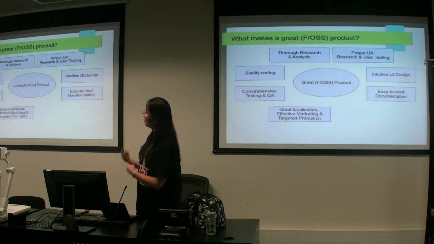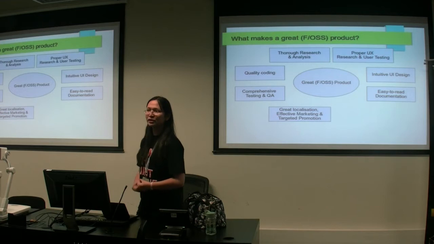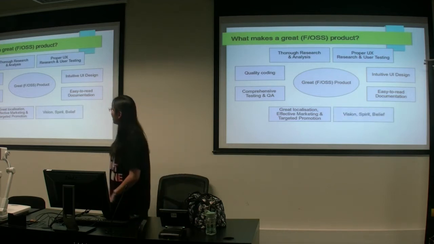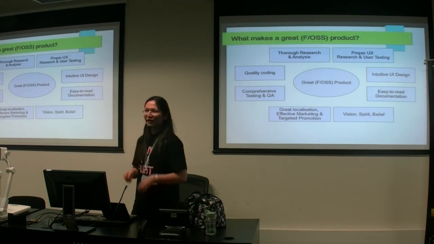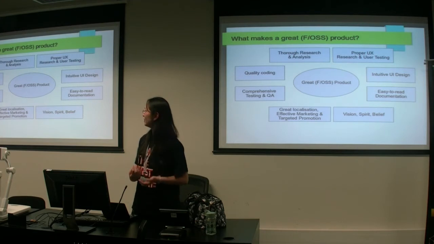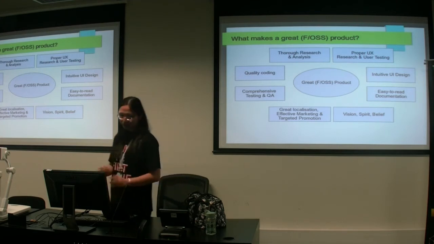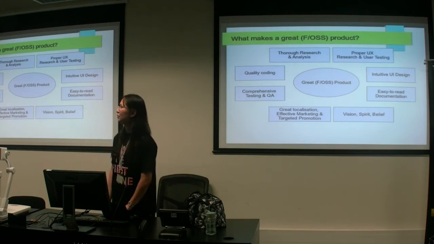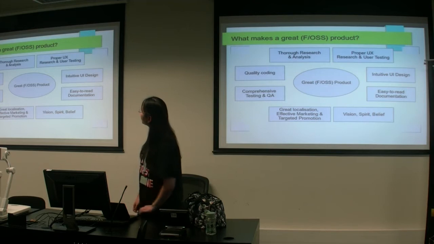And also you have very good marketing efforts to make sure that everyone knows about your product. And of course, for a successful product, you need to deliver some very precise vision. Sometimes it's kind of a spirit of belief that you want to convey to your customers.